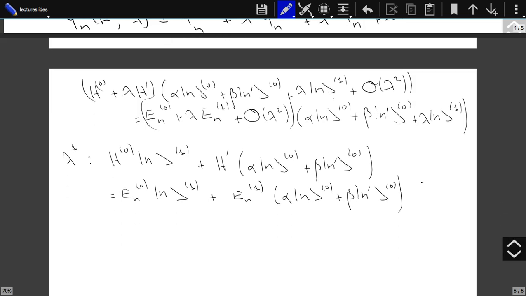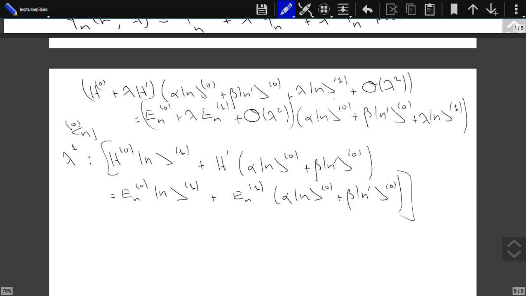Now again we do the same trick. We multiply both sides by the unperturbed nth eigenstate ket bra. The first term on the first line and the first term on the second line just cancel each other.